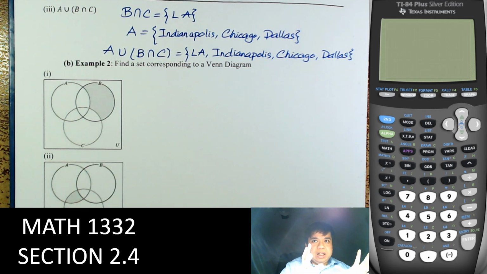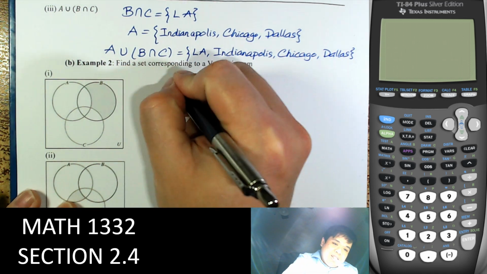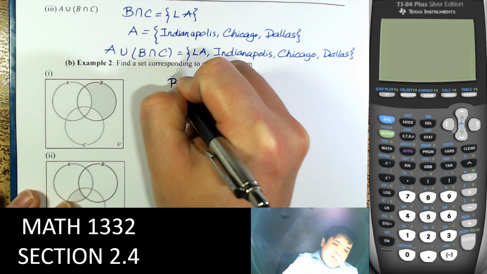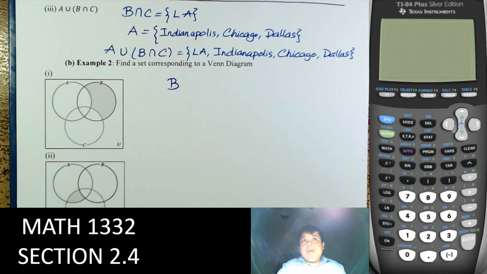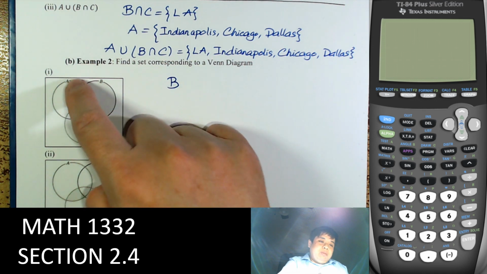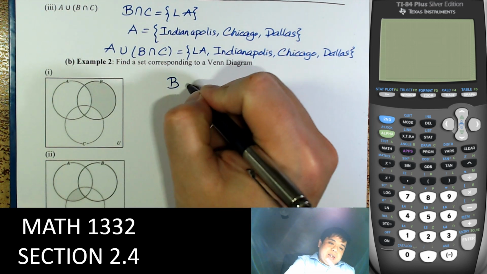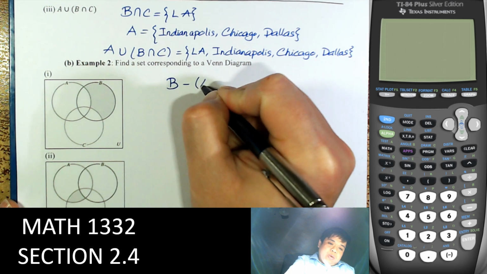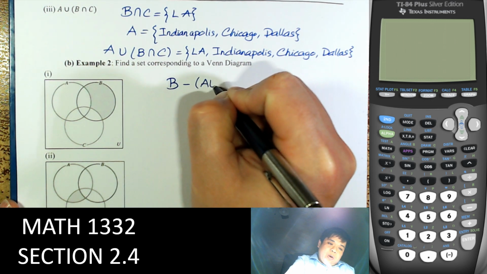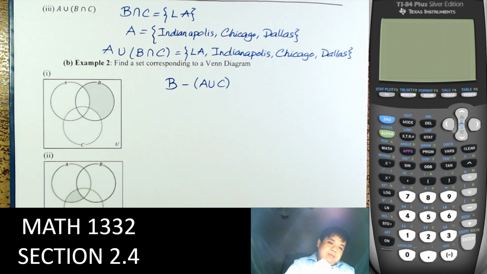We know it's going to be in B, so I have to start with B. But it cannot be in A, and it cannot be in C, or it cannot be in the union of A and C. So we say B, but not in the union of A or C. That's one way to do that.